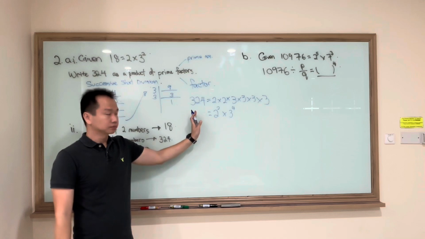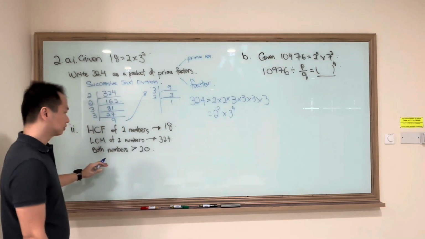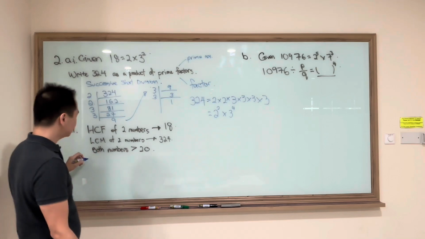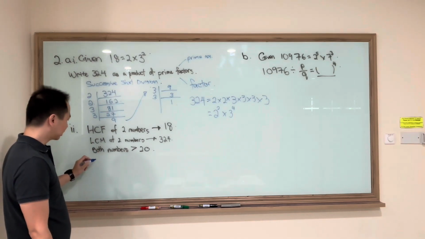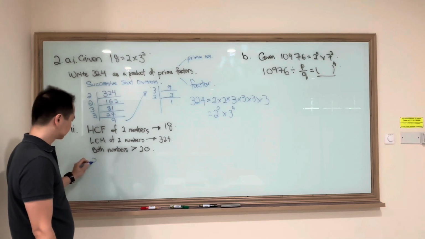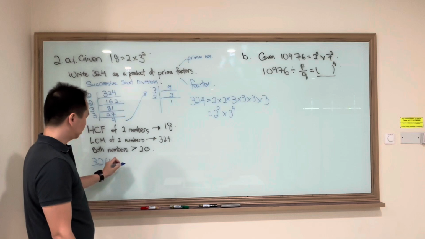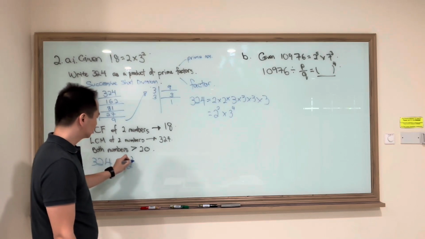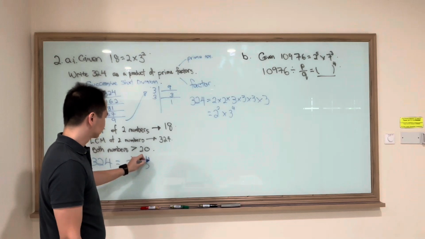we are going to use the prime factors to find our answer. Using the prime factorization method, we look at 324, which is 2 to the power of 2 times 3 to the power of 4.